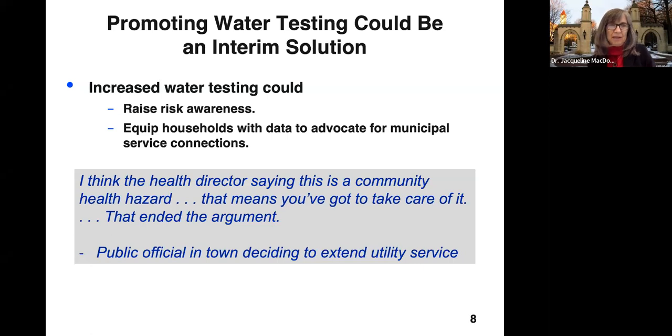We talked to people in areas where there were many such communities still disconnected from the infrastructure, as well as in one community that had recently made the decision to connect one of these African-American neighborhoods to its water supply infrastructure. This town official said, in a quote from our interviews, "I think the health director is saying this is a community health hazard. That means you've got to take care of it." And that ended the argument.